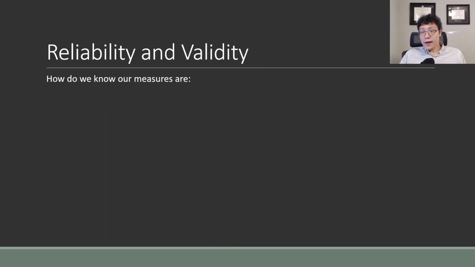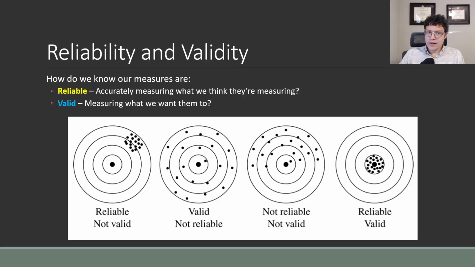And not only that, there's this idea of how we know how good our measures are. Are our measures reliable and are they valid? So, are our measures reliably measuring what we think they're measuring? If we think that we are measuring happiness, is it going to measure me being happy when I'm happy and me being sad when I'm sad?